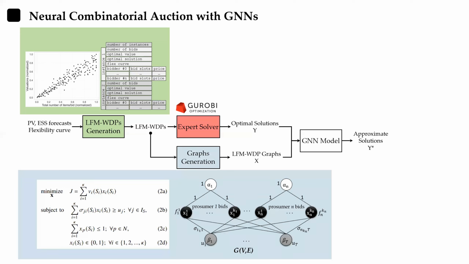The second type consists of the flexibility nodes, beta, which represent the total capacity of each interval in the DSO flexibility request. The third type is the mutually exclusive nodes, I call them alpha here, to ensure that each prosumer is restricted to win at most 1 bid. And then adding edges will capture the relational structure between the nodes.